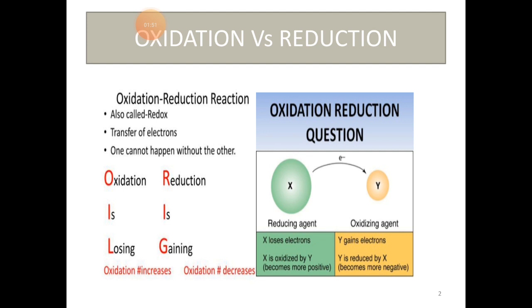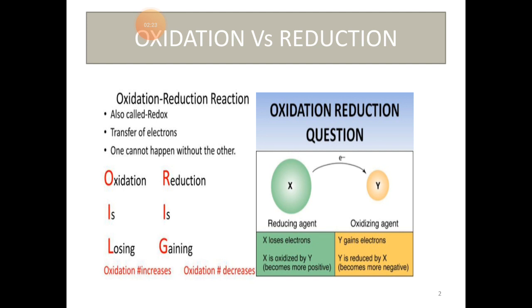And on the right side, just move on to your screen. Oxidation reduction question. X loses electron and Y gains electron. Simple example, let me take sodium chloride. Sodium loses electron and it is being gained by what? It is being gained by chlorine. So chlorine gains electron, chlorine becomes more negative, and X loses electron and X becomes more positive.